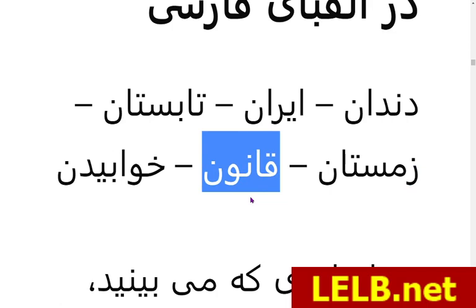I just draw the first three of the words here. زمستان. زیر ای میم سین ت الف نون means winter. قانون means rule or law. قاف الف نون واو نون.